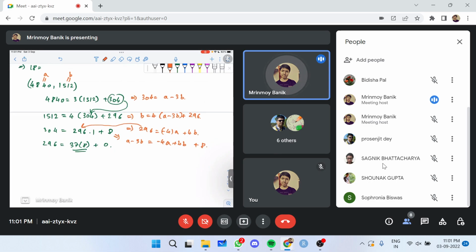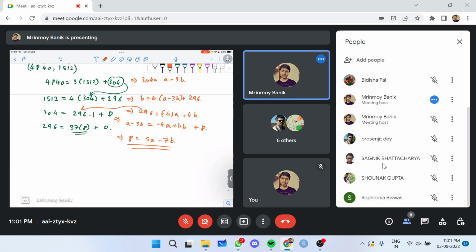8 is already the GCD, so we can now write 8 as 5A minus 7B, right? So that is just 5 times 4840 plus minus 7 times 1512.